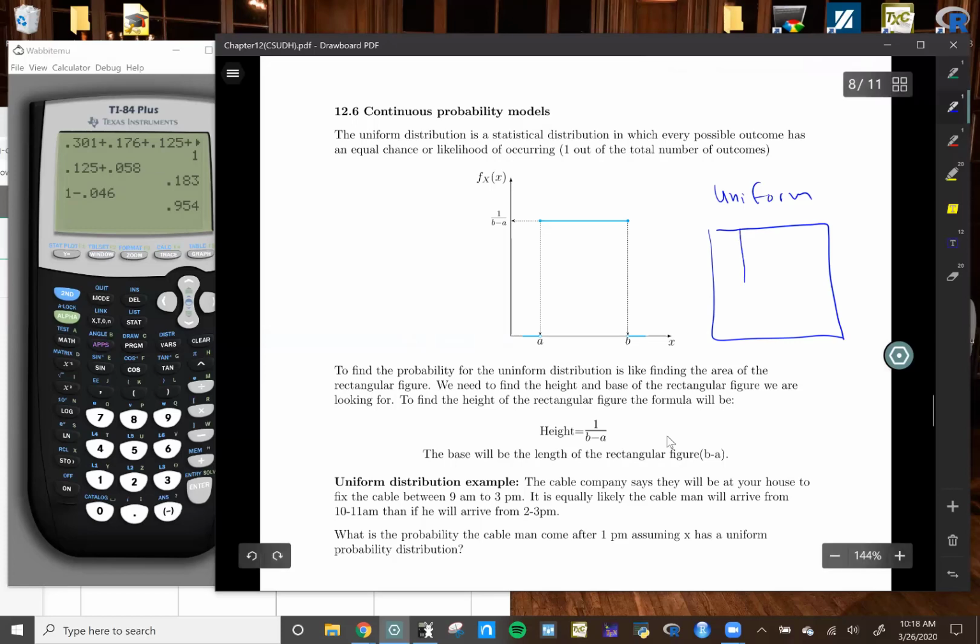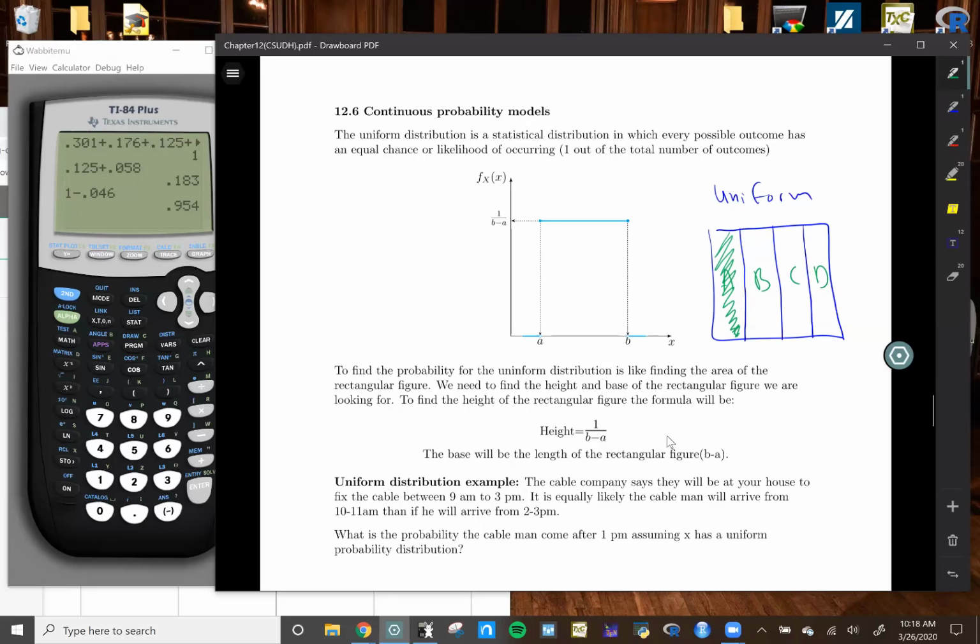If I were to divide this into equal areas, area A, area B, area C, and area D will all be the same, because as long as they cover the same area, it will be the same probability. That's one of the unique things about a uniform distribution: all outcomes are equally likely. So if I wanted to find the probability of A occurring, how many total rectangles are inside this big rectangle? 4.